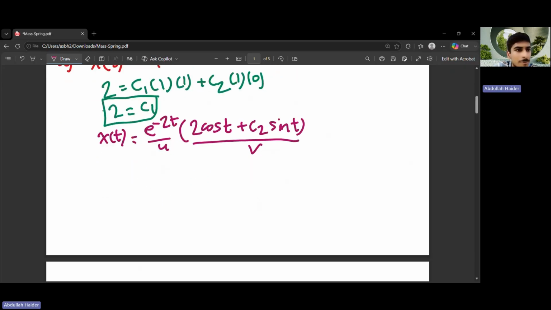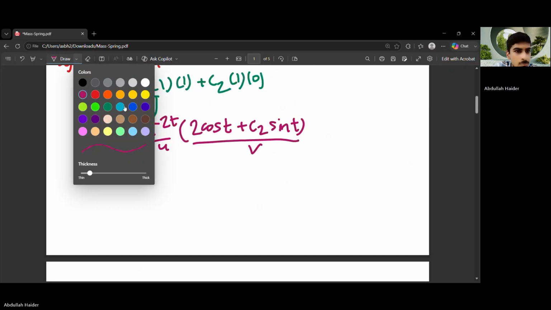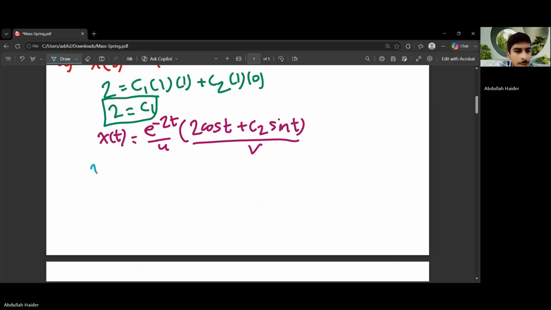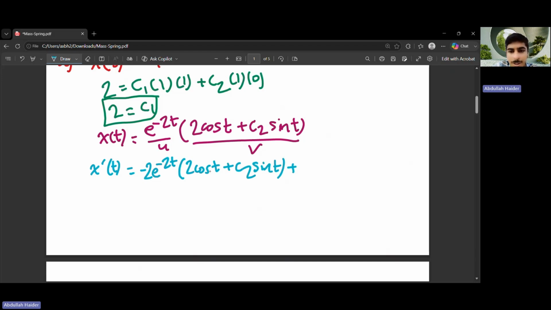So when I do the derivative, x prime of t is u prime, which is -2e power -2t, times 2 cosine t plus c2 sine t, plus e power -2t stays the same, then you do the derivative for v: -2 sine t plus c2 cosine t.